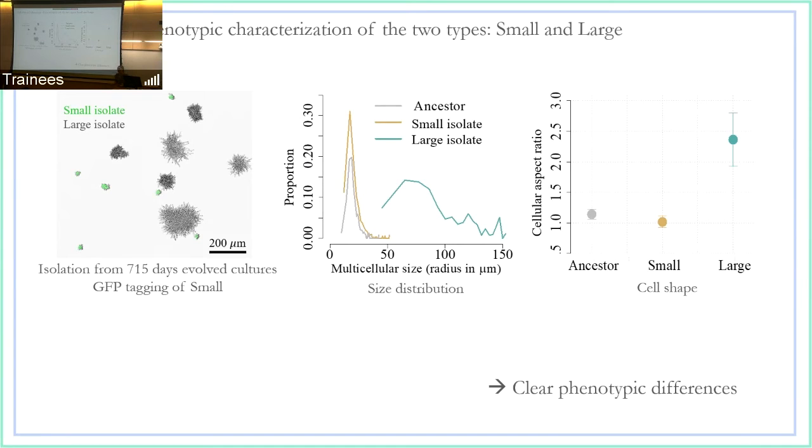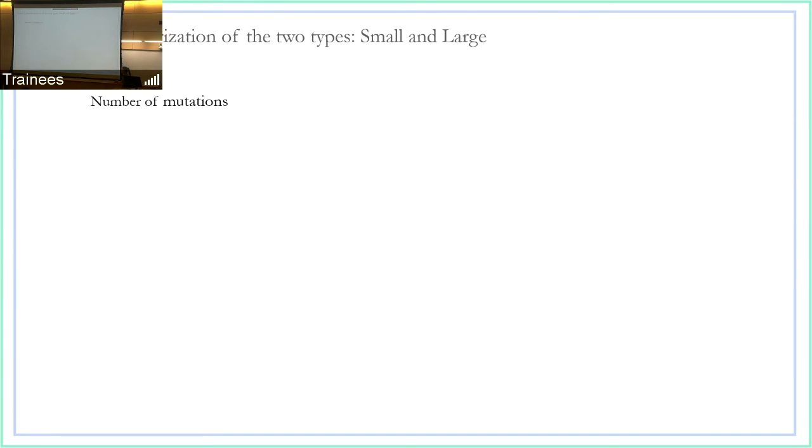That's interesting, but we could think that since they're being inoculated in the media every day, maybe they're just reviving at every transfer. So we were interested in knowing if these differences are heritable. To do this, we sequenced a few isolates of each population, and we found that within the smalls, they were all sharing 16 mutations.